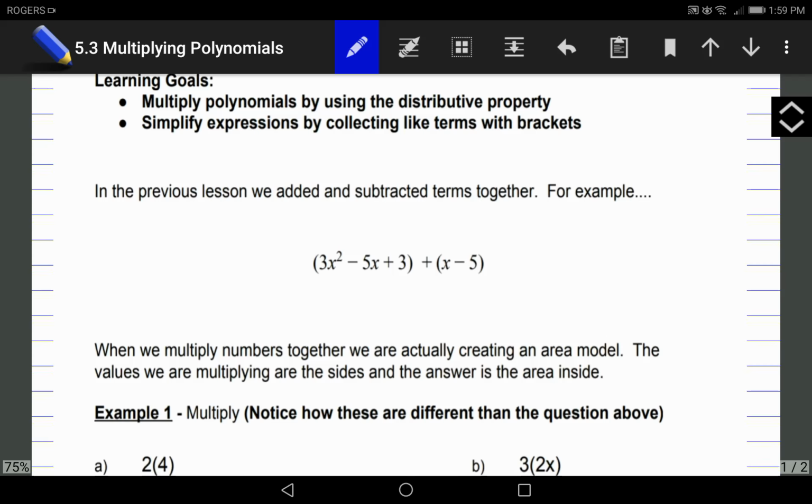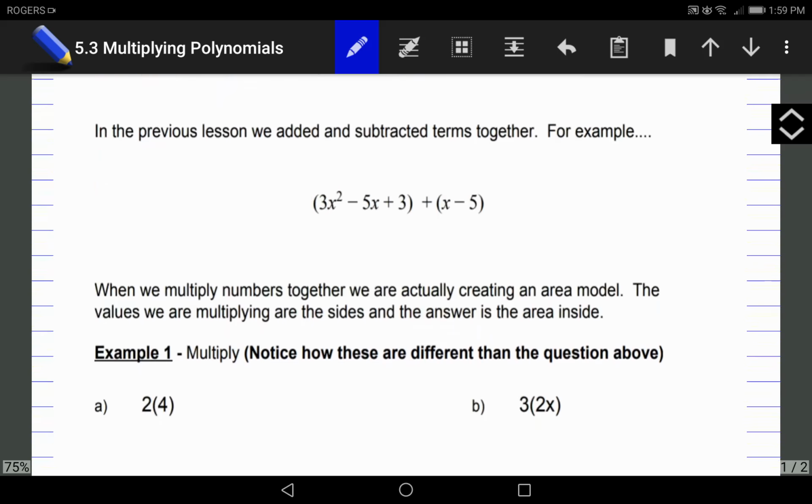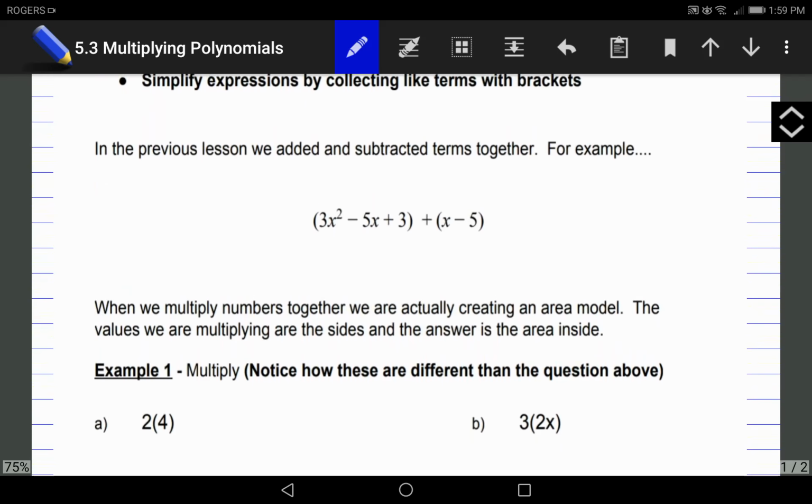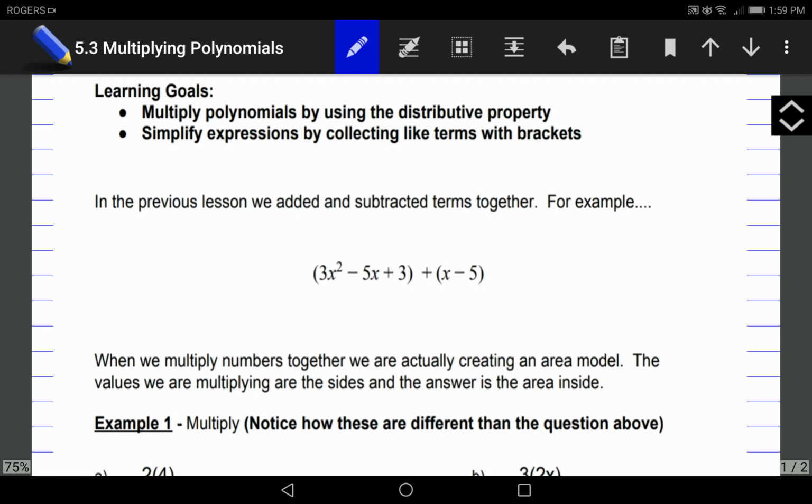But it does take a lot of work and practice. So far, we've learned how to simplify expressions like this. Today we're going to learn how to multiply polynomials. And then once we've multiplied, we're going to use what we learned in the previous lesson and simplify it down to make it more efficient.